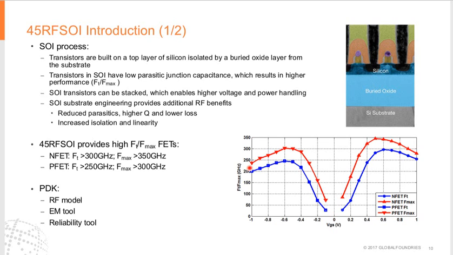And P-type FT is about 215 GHz, even more than that for some geometries, Fmax is higher than 300 GHz. For the PDK, we support the IP model. We also support different kinds of EM tools and reliability calculation tools.